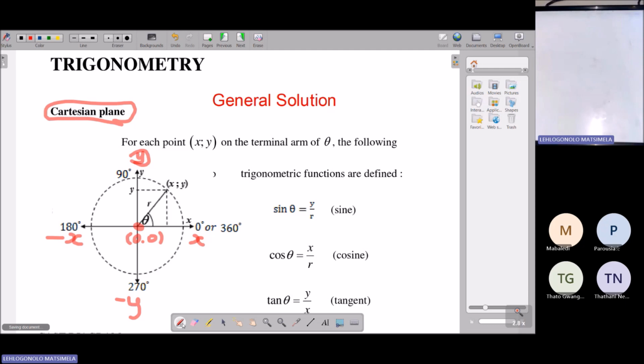The angles are drawn or given from the point 0. You see this part where the line x is, the angle here is 0. The first angle here is 0, which means we're on this line. So when the angle goes anti-clockwise.